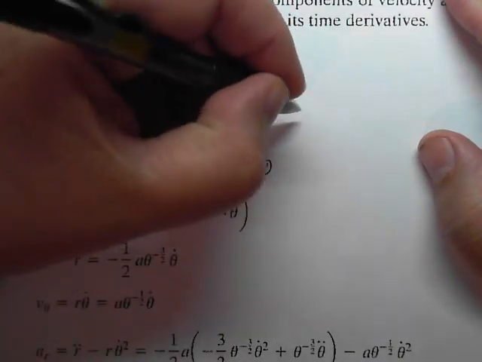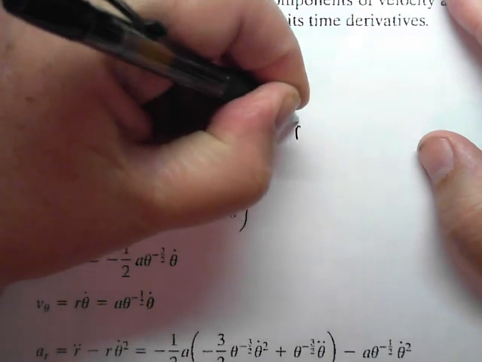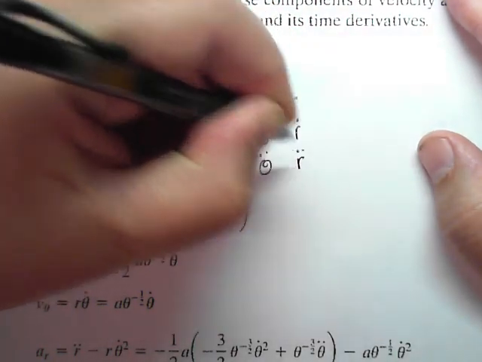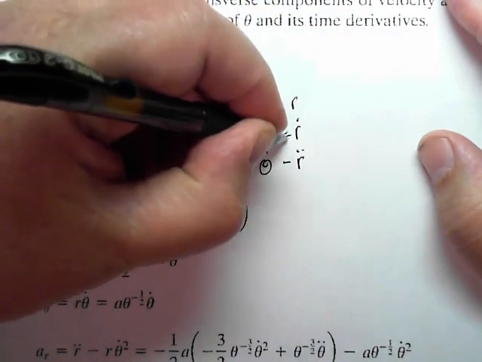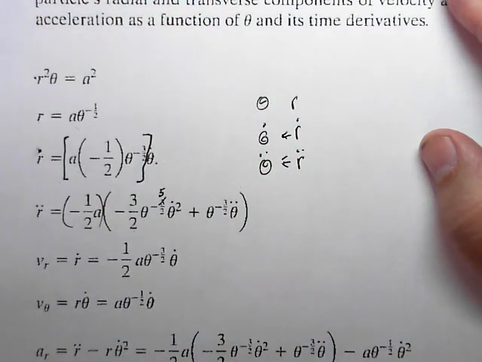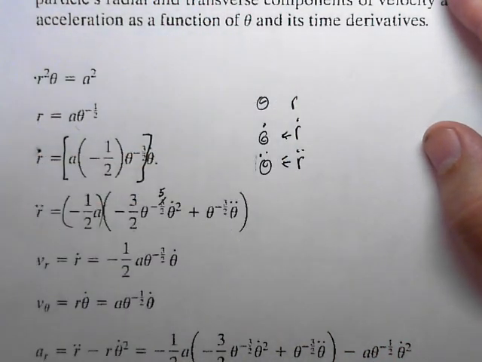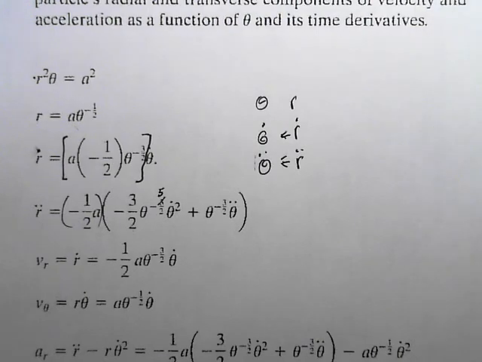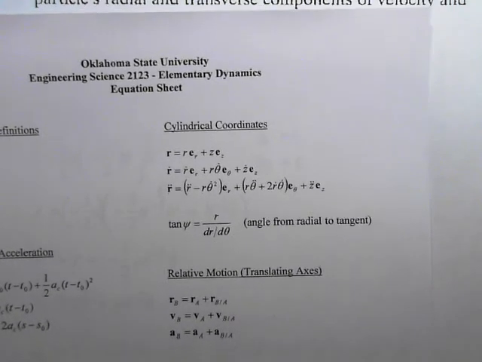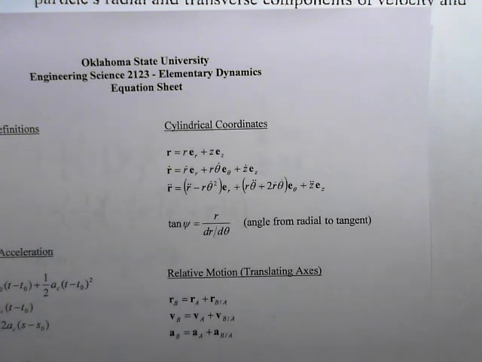And now we know r dot and r double dot in terms of these, which means if we had numerical values for these, we could crunch numerical values for those, which means we could go to the equation sheet and crunch numerical values for all of the velocity and acceleration terms.